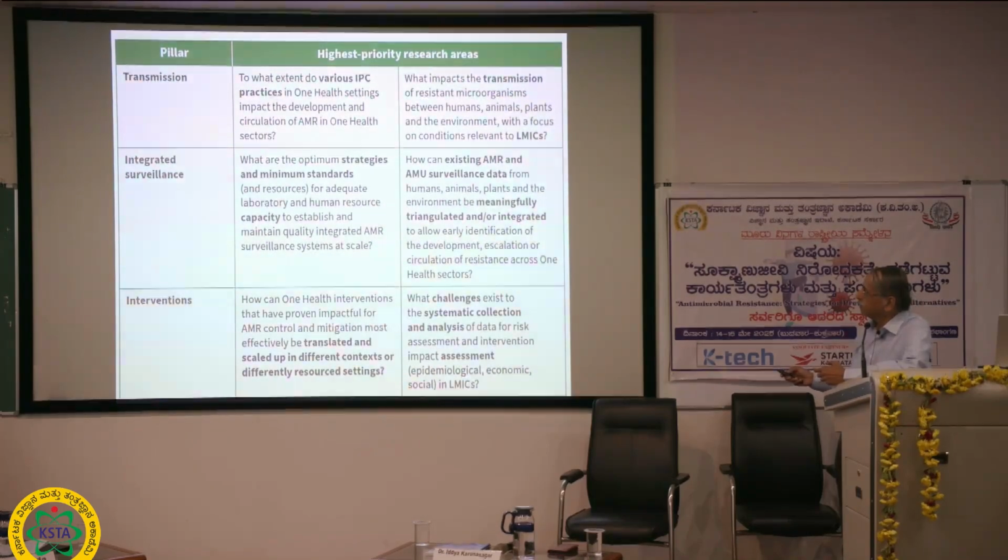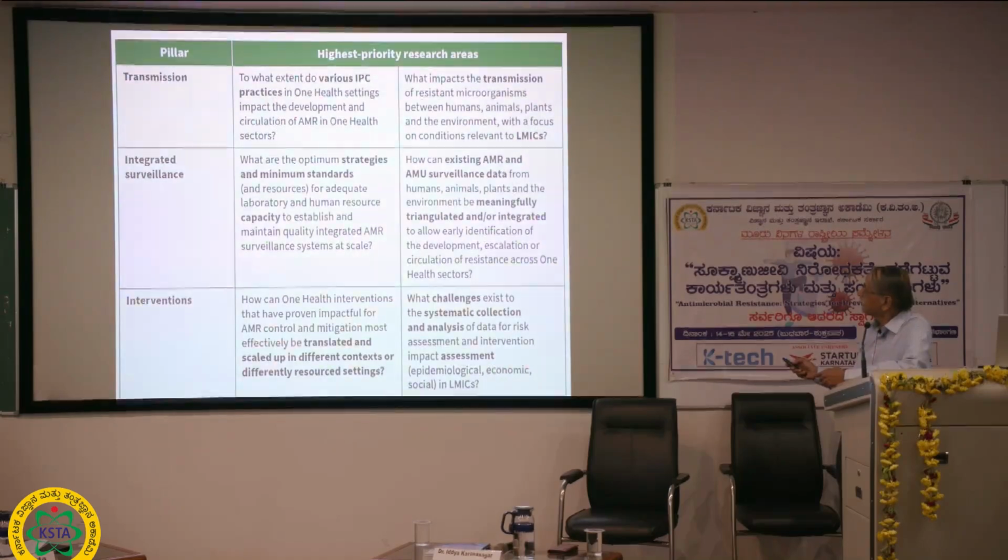The second high priority area is what impacts the transmission. So what facilitates the transmission of the resistance from one organism to another? Horizontal transmission is well known, at least in bacteria it is well known. So what impacts this transmission between humans, animals, plants and environment?